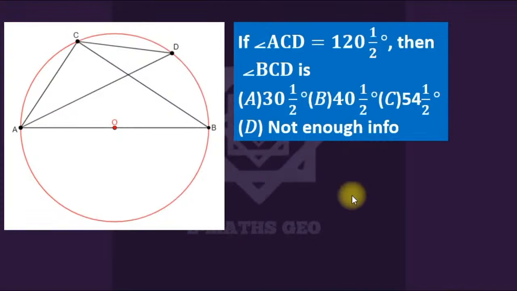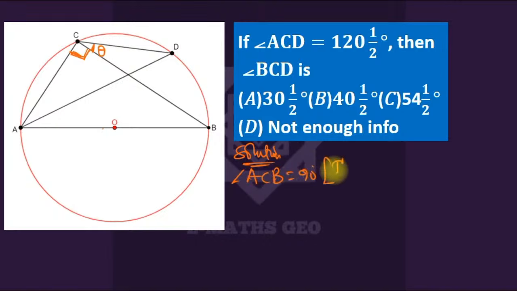It says if angle ACD is 120.5, then we're asked to find angle BCD. So BCD, let's call it theta. But from our Thales theorem, I'm seeing a semicircle, so this is 90. So I'm saying that angle ACB is 90 degrees.